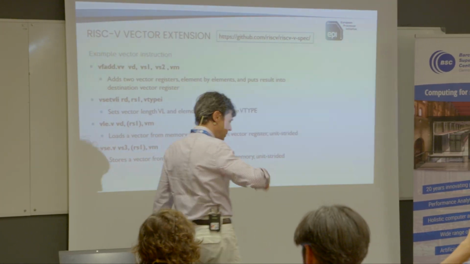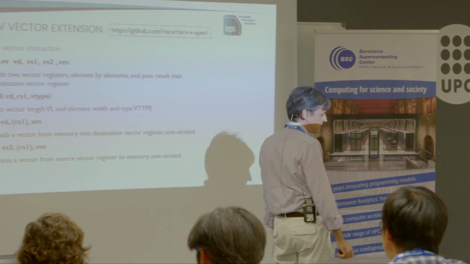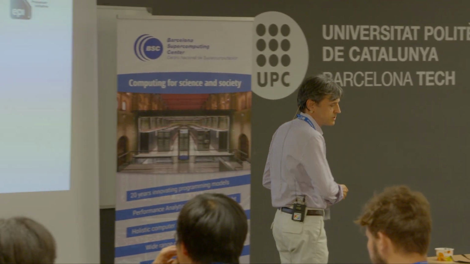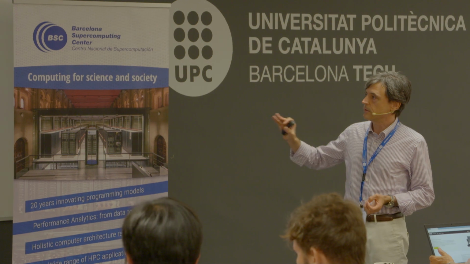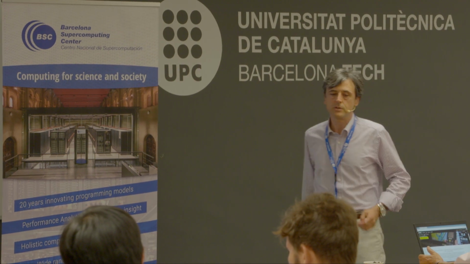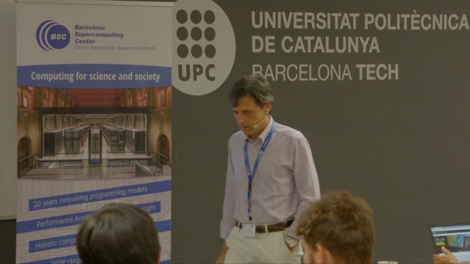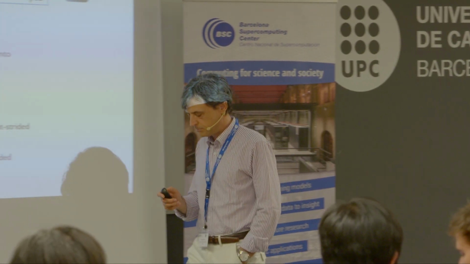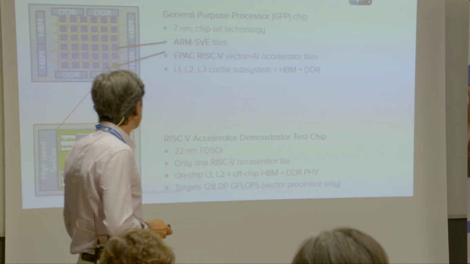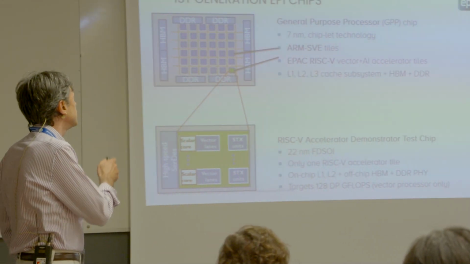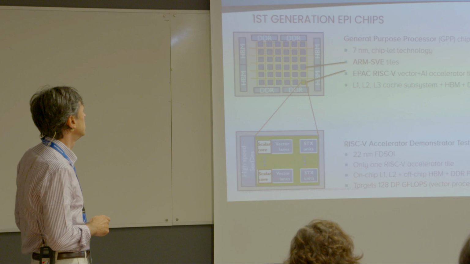You load one vector starting from a certain address in the memory into the vector register file. Of course, I've not said it, but the machine architecture is supposed to be a register file-based machine. So, having said this, we can talk about the hardware design.